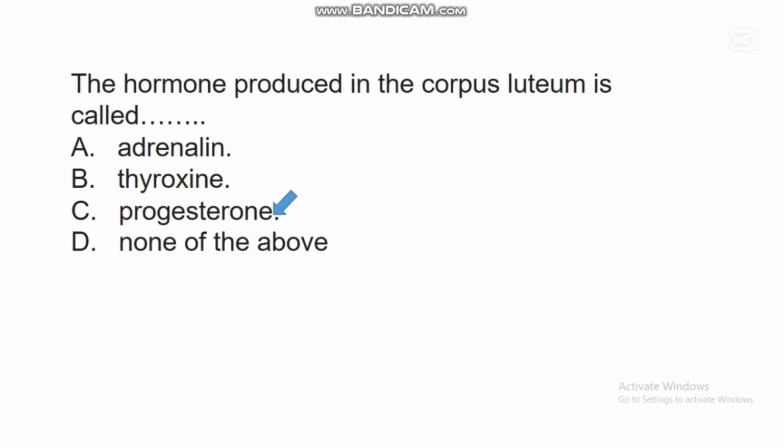In one of our videos, we have treated these hormones very well. So this hormone called progesterone is produced in this structure known as corpus luteum. If anything goes wrong in this structure called corpus luteum, there will be a serious problem in production of this hormone known as progesterone, and definitely pregnancy will be affected negatively.